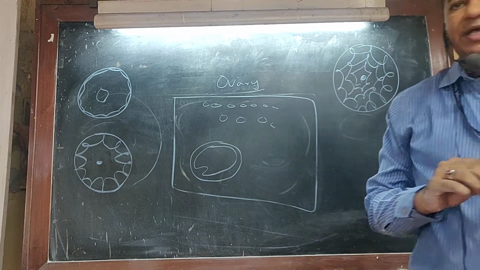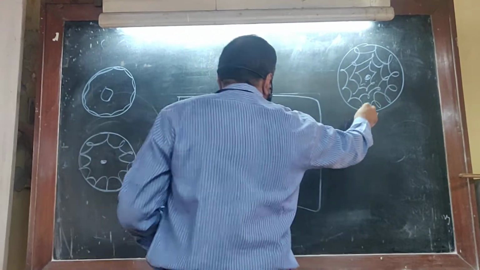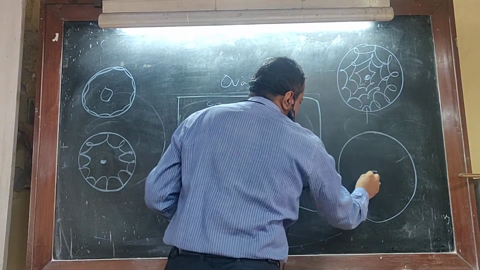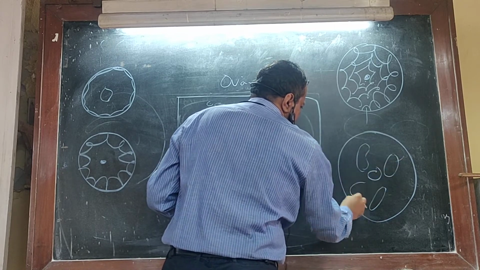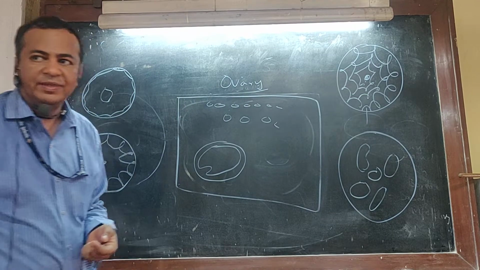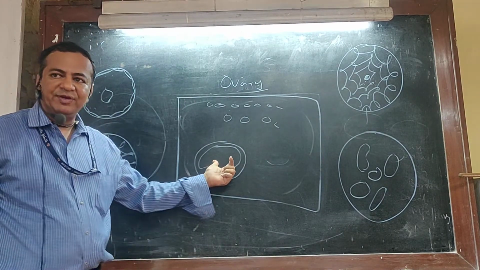Okay. When the cavity appears in this, it is called the secondary follicle. And then last is the Graafian follicle.